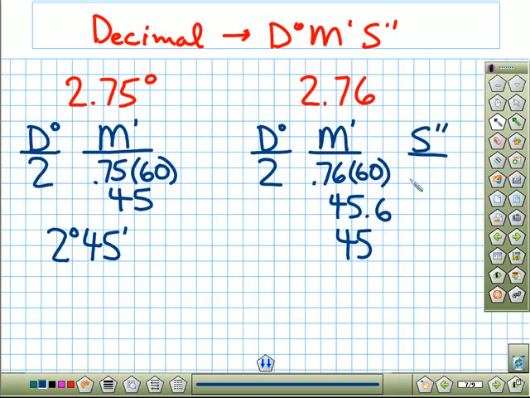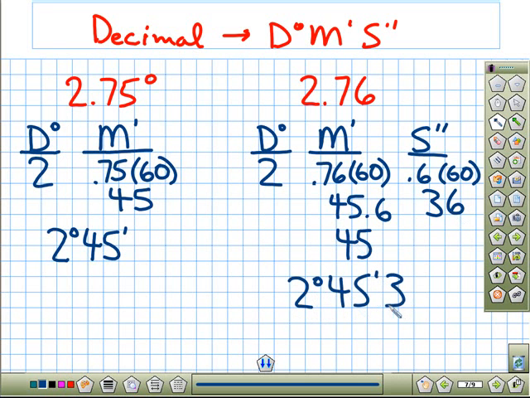I take this 0.6 times 60. Now what's 0.6 times 60? 36. Okay. So here's what we've got. We've got 2 degrees, 45 minutes, and 36 seconds.